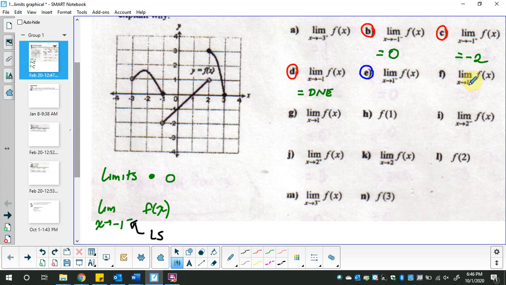This one is x approaches 1 from the positive side. This is x approaches 1 overall. And this says f at x is actually 1.